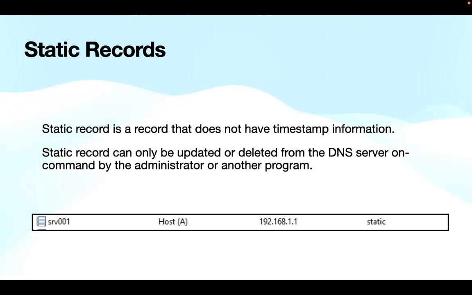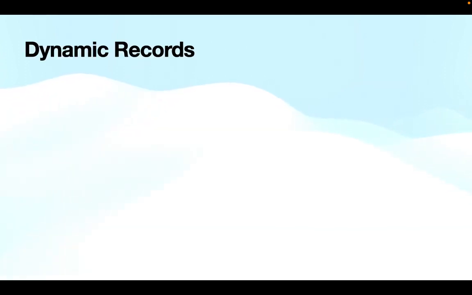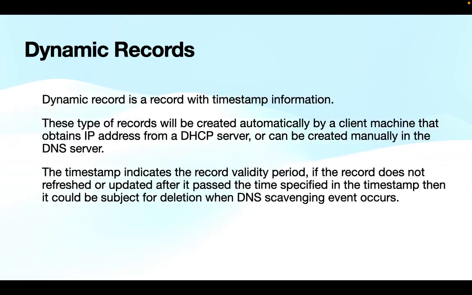Another record type is the dynamic record. Dynamic means a record with timestamp information. As I told earlier, the timestamp keeps being updated with when that record was last updated in the DNS server.